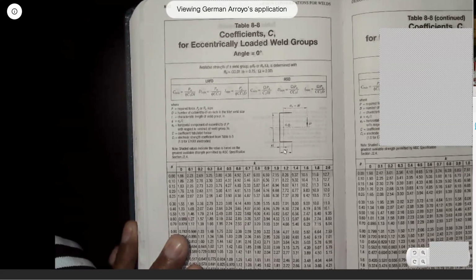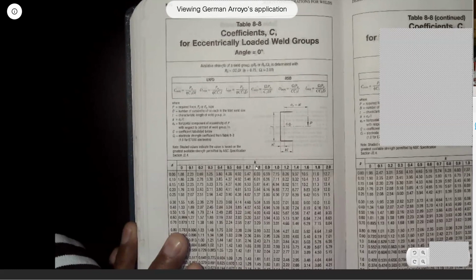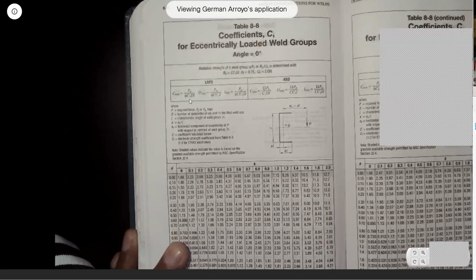The only thing that we need to know is the value of K and the value of A. Whatever value we obtain from this table in here, you look at this formula, this is the value of C. So this C value comes from this table.